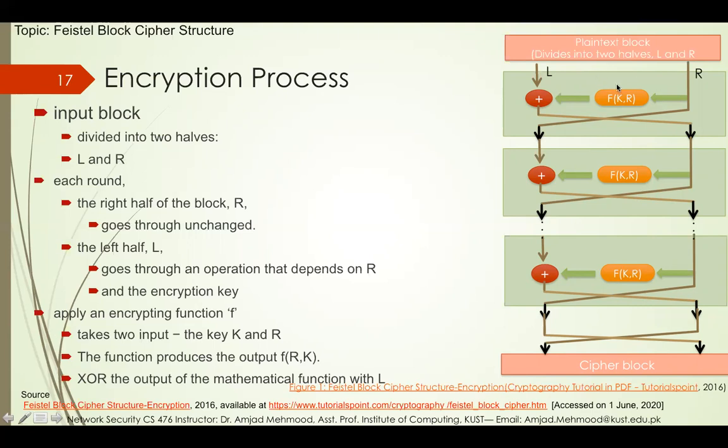You can see the same in the picture on the right side of this slide. You have plain text on the top, and we have divided the plain text into two halves, the left half and the right half.